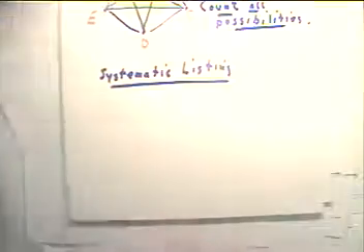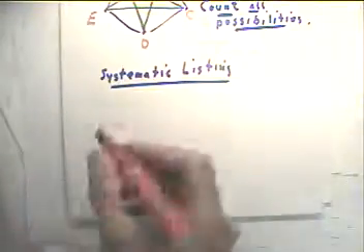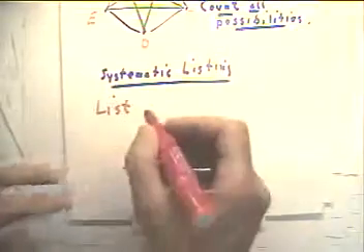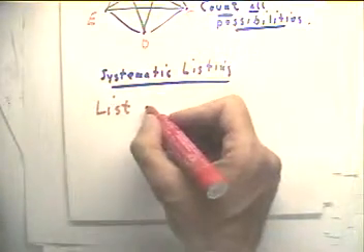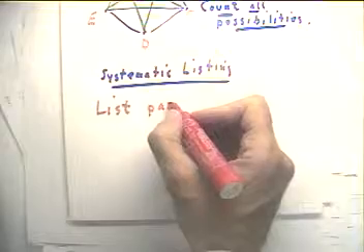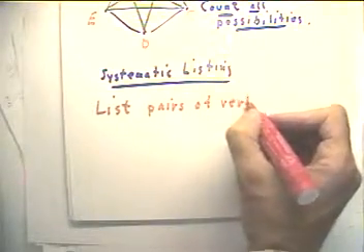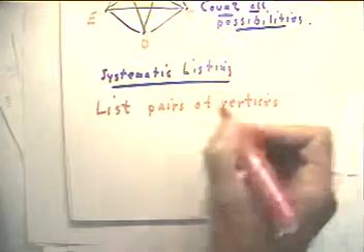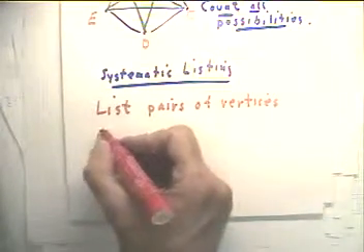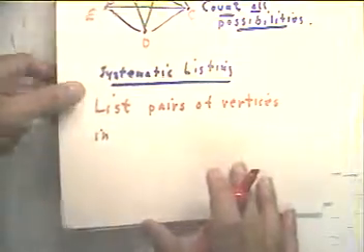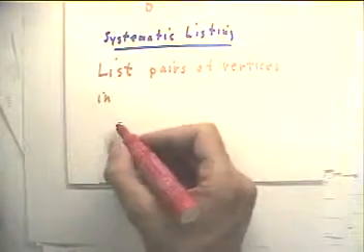If we then simply list the pairs of vertices in the order we did, well, let's list them and then see what kind of order that is.